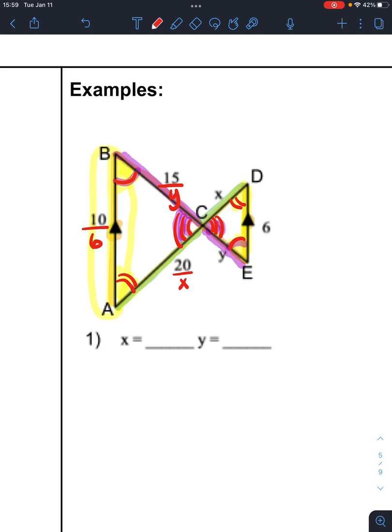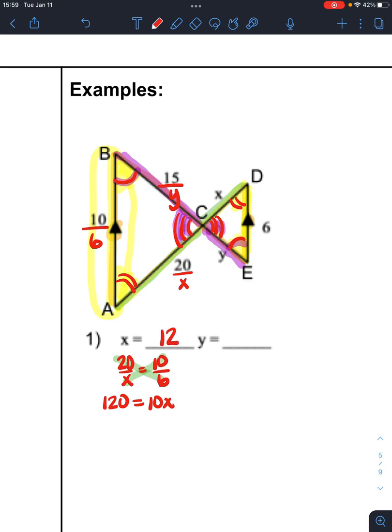I want to solve for X, so I'm going to start with 20 over X. That's the ratio that has the X in it. The 15 over Y doesn't do me any good. It's true that 20 over X is equal to 15 over Y, but that's not useful. So I'm going to use the 10 over 6. Now I can do my cross multiplication. 20 times 6 is 120, so 120 is equal to 10x.